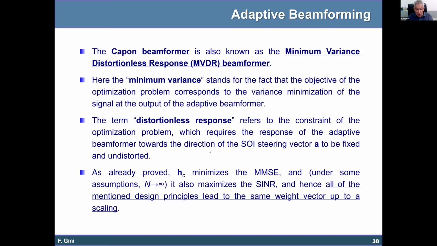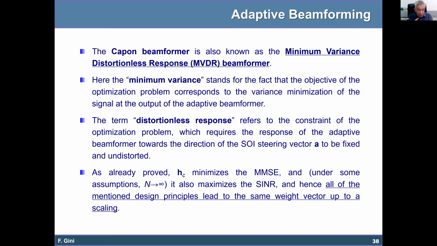Clearly, when N goes to infinity, the sample matrix inversion beamformer and the Capon beamformer tend to the optimal clairvoyant beamformer, and so they tend to coincide. So they tend to provide exactly the same performance.